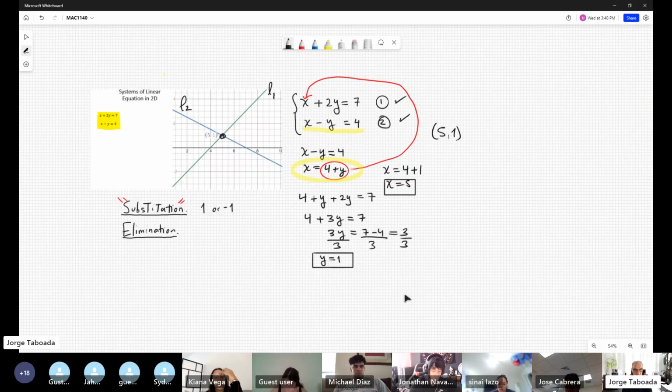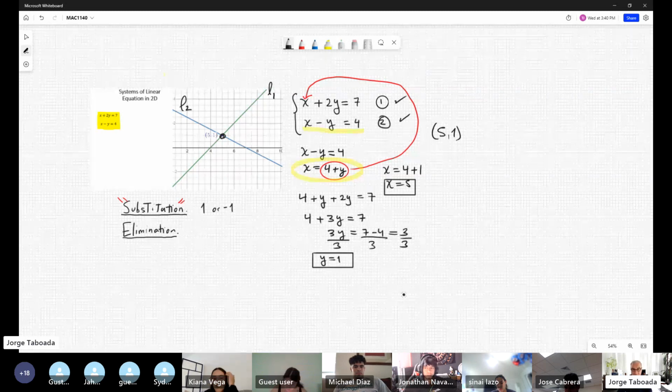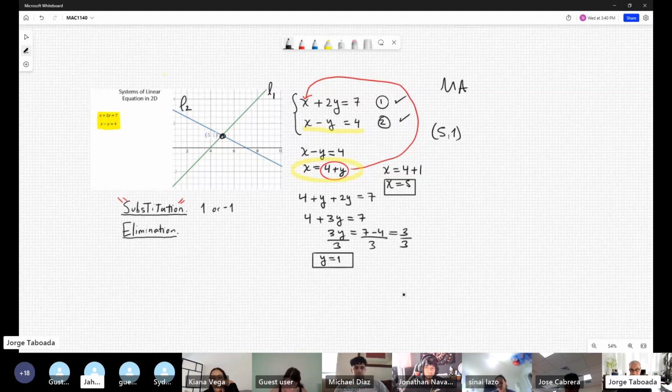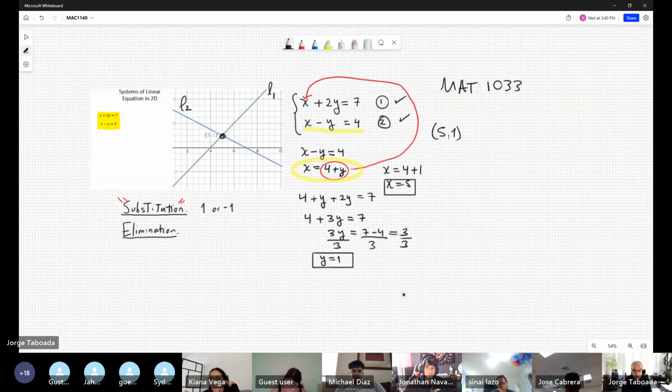Do you want to explain this or no? I teach you this in MIT 1033, kindergarten algebra. No. Go to the lab. I explain this, but here no. I suppose you know that. Okay.